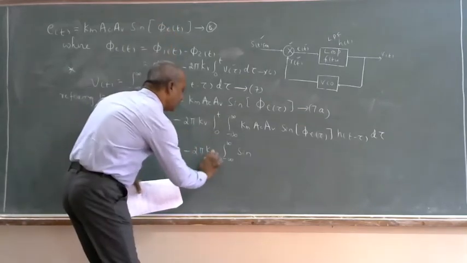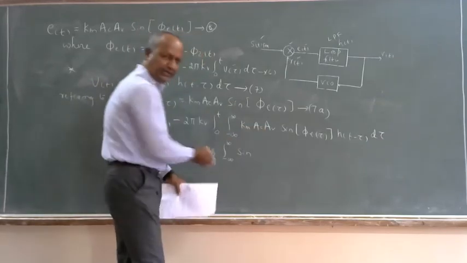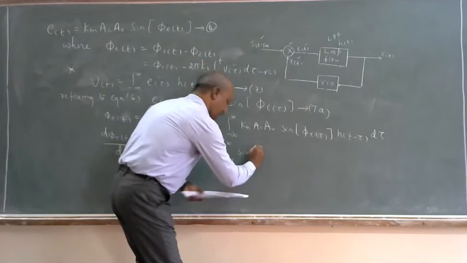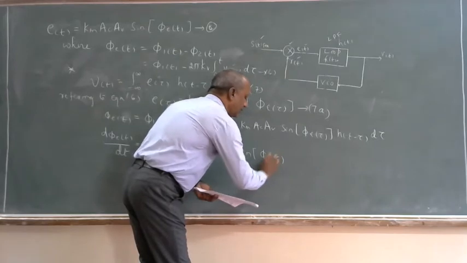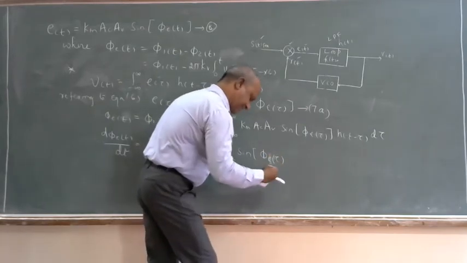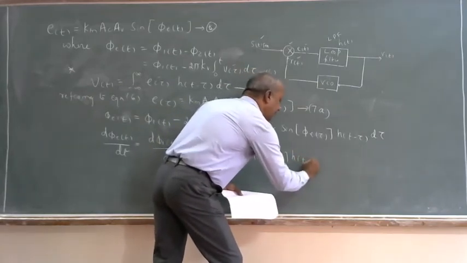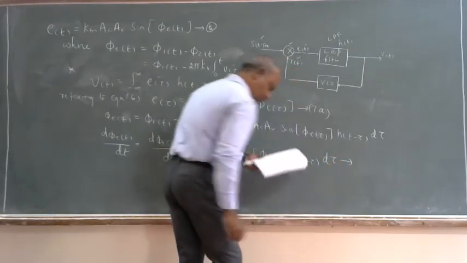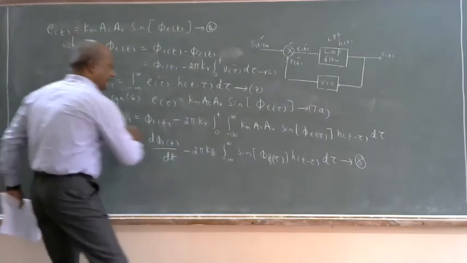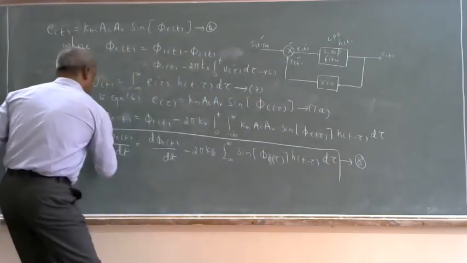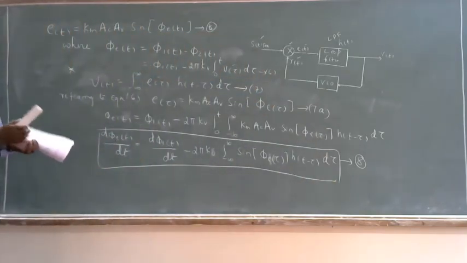This kV, Km, AC, AB total I will take as k0, sine of phi of tau, h of t minus tau d tau, as equation number 8. I think this equation number 8 is the mathematical model of PLL.